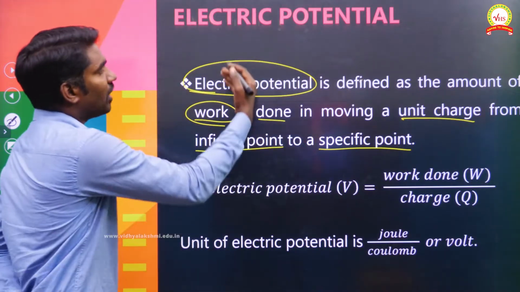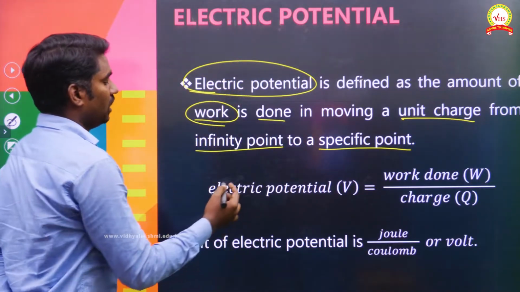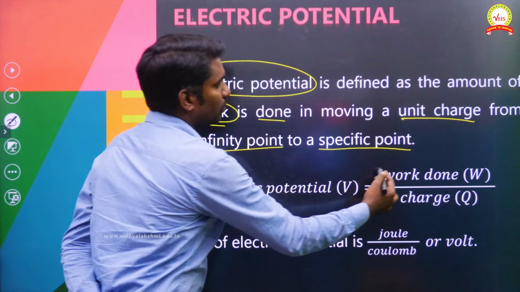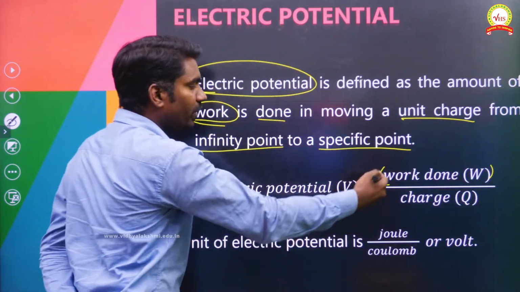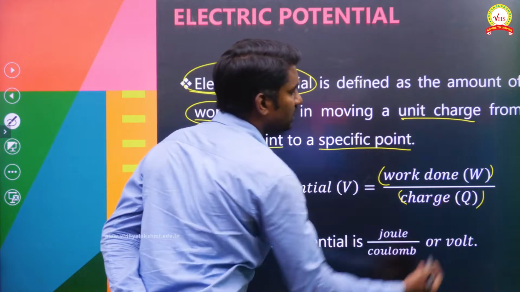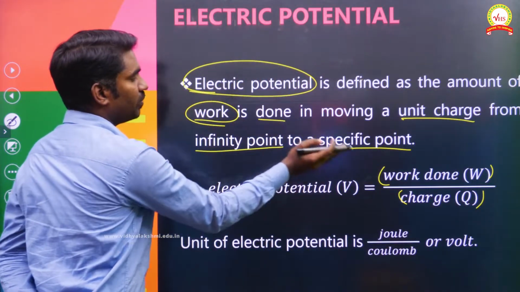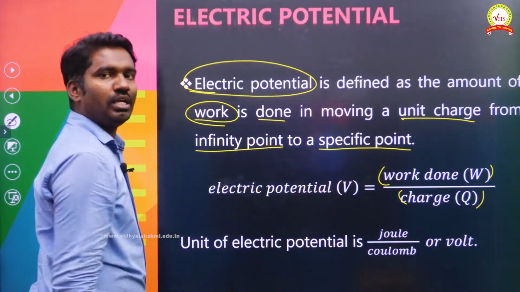Clear? So what is the formula to calculate the electric potential? The electric potential is equal to the work done, in order to move the charge, divided by the charge.